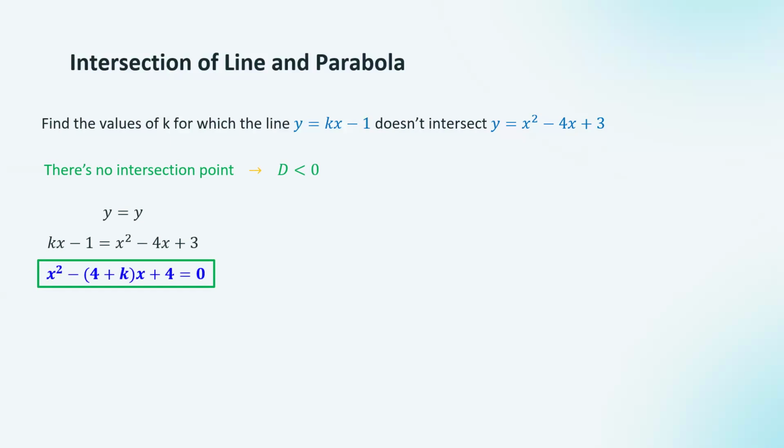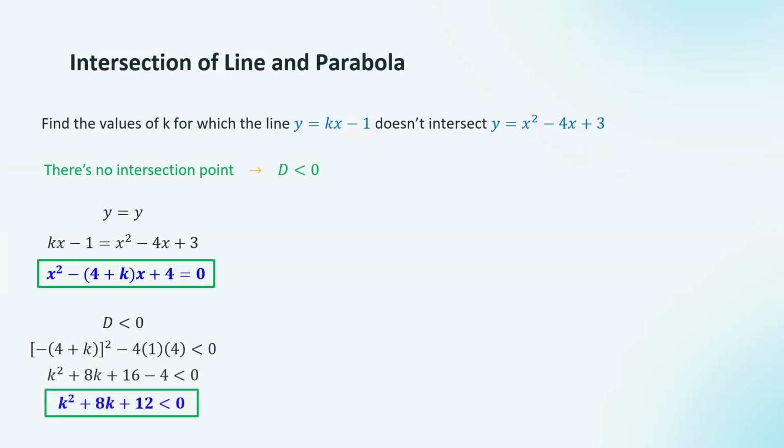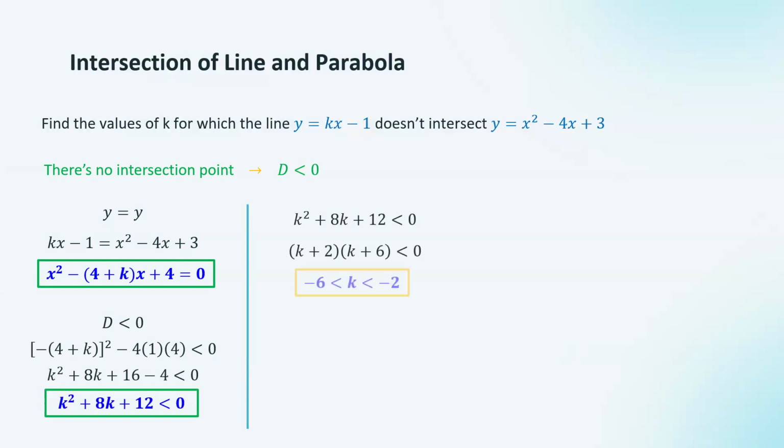Now, we apply the discriminant to this quadratic equation. So we find the a, b, c, plug them in, and then we get ourselves a quadratic inequality. This quadratic inequality is what we will use to find the k. We can solve it with the method that we learned before, and we know that k should be between negative 6 and negative 2.